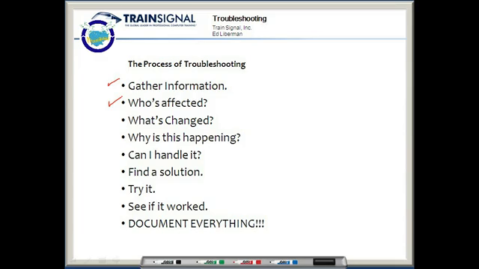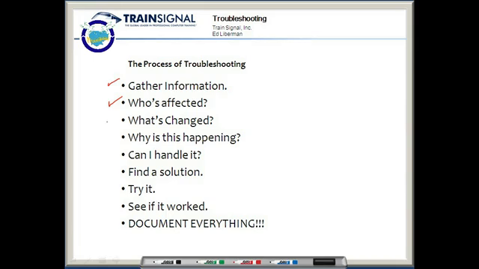If there is more than one user that's affected, is it everybody or is it only a certain section of people? And if it's only a certain section of people, what do all those people have in common? Do they all sit in a similar physical area? Do they all belong to the same group? So you really need to break it down to not just what is the problem, but where or who is affected by this problem, or what is affected by this problem.